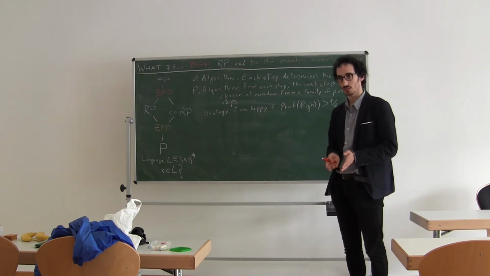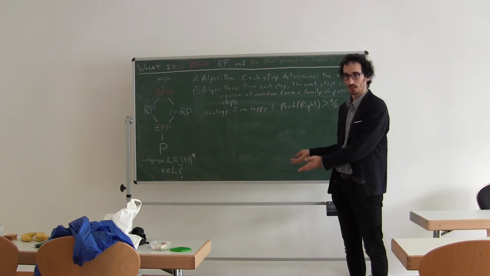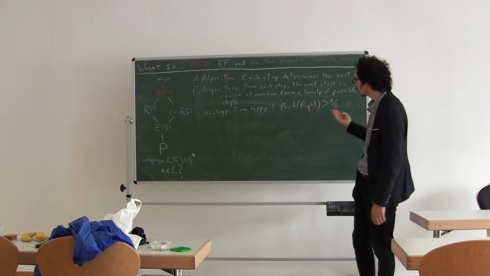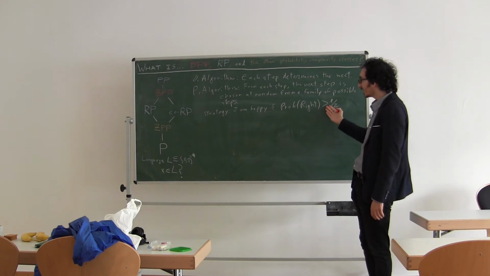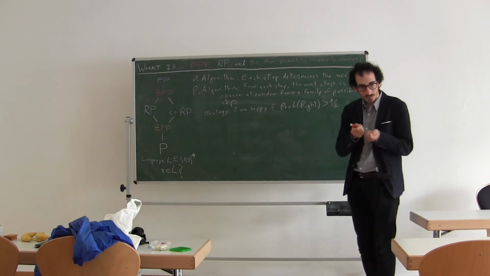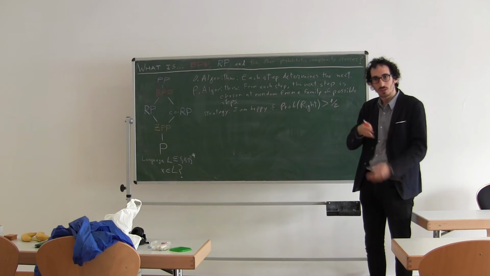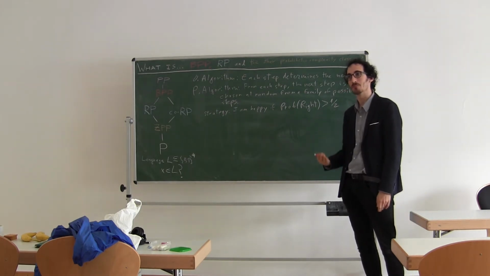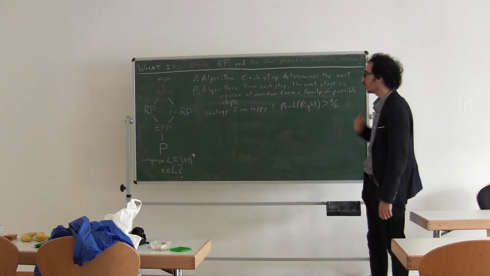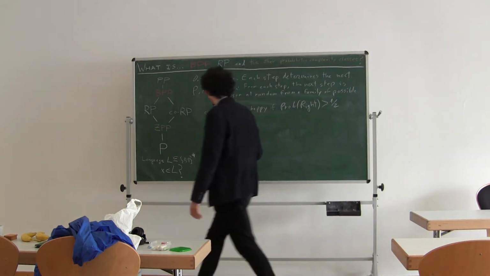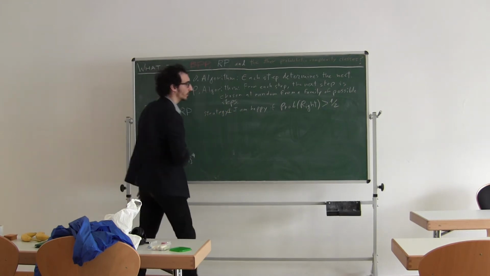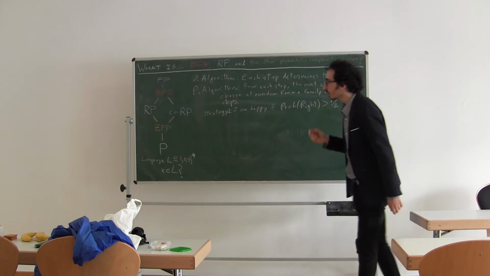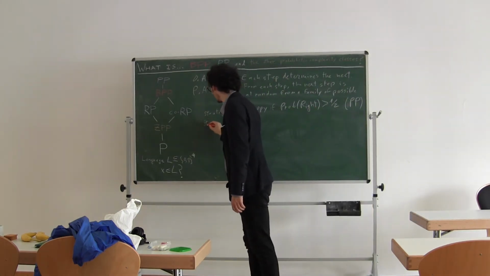If the majority is a no, then I output a no, and technically this probability will go up. But the problem here is that this bound is really not tight. So repeating the iteration again and again will not give me a way of solving this. This is strategy 1, and this is essentially the class PP. Then I can do strategy 2.